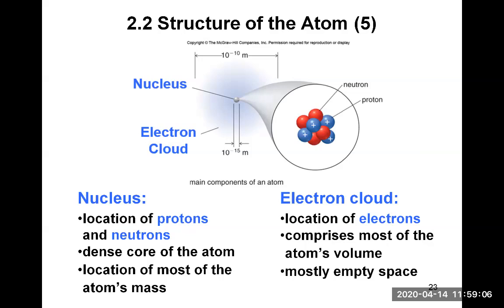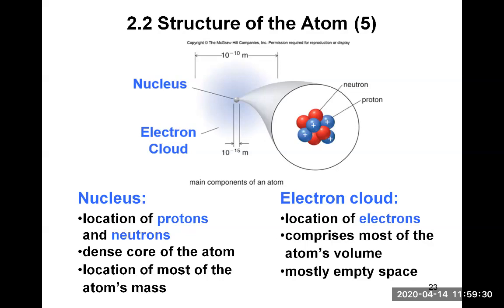It is very, very dense because that's where all the neutrons and protons are located. And because protons and neutrons are the ones that contribute to the mass of an atom, it's very dense because they are located in that tiny core at the center of the atom.